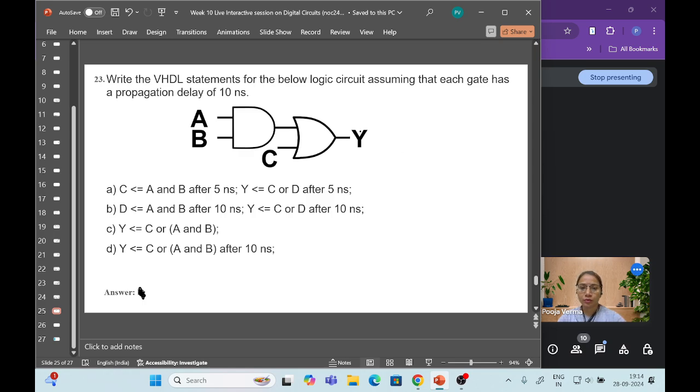The output for this logic is A and B or C, right? And here it is given that each gate has a propagation delay of 10 nanoseconds, 10 nanoseconds for this gate as well as 10 nanoseconds for this gate. So we have to write the correct VHDL statement for the given logic circuit. So which option can be correct?